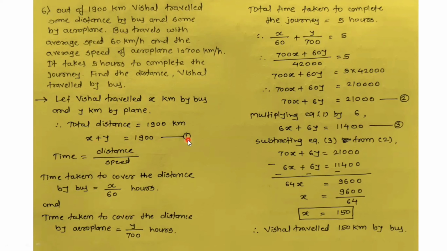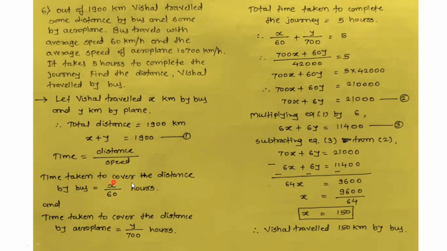Now we have to find another equation. For that, we use the second piece of information given, and here we use the relation between time, distance and speed, that is, time is equal to distance divided by speed. The time taken to cover the distance by bus can be calculated as x divided by 60 hours, because the distance traveled by the bus is x kilometers, and we divide it by 60.